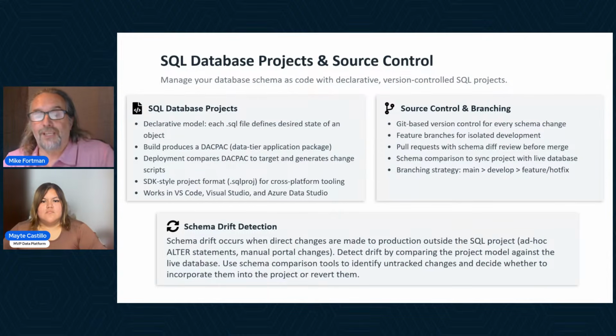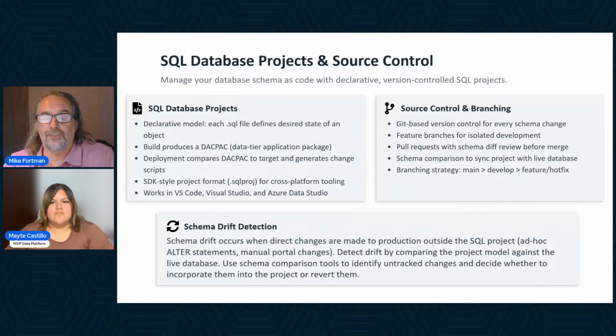So the great thing about the DACPAC is you have one definition, the existing system is another definition, and the deployment process will just look for the differences and generate a file specifically to apply those differences without having to go through the entire database.